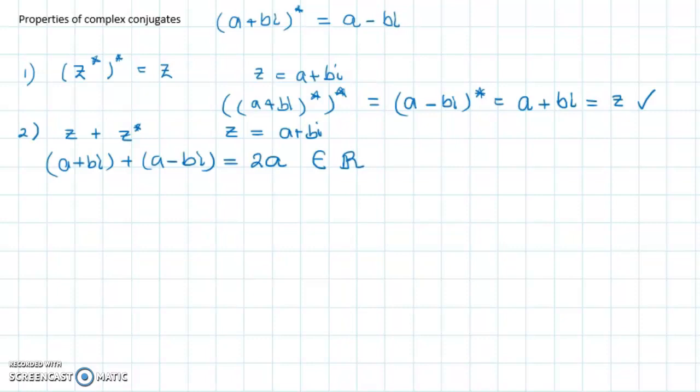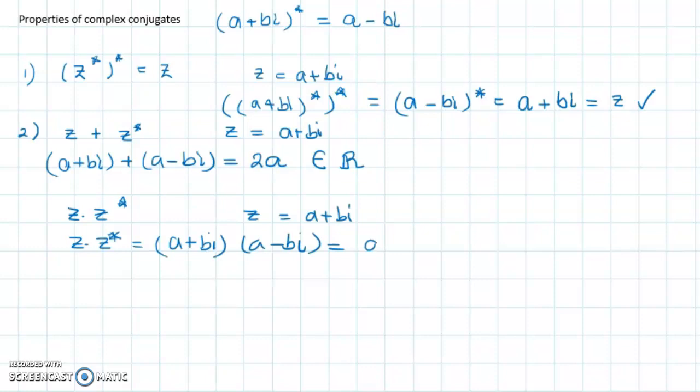Another way of obtaining a real number is to multiply a number and its conjugate. We have done this before. If we say that our complex number is a plus bi, then when we write the complex number times its conjugate, we have a plus bi times a minus bi, and that is a squared plus b squared.